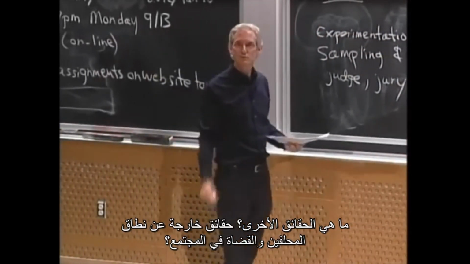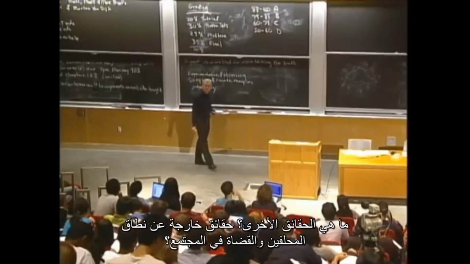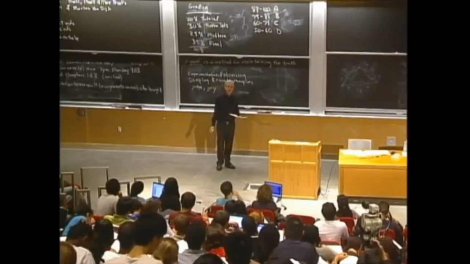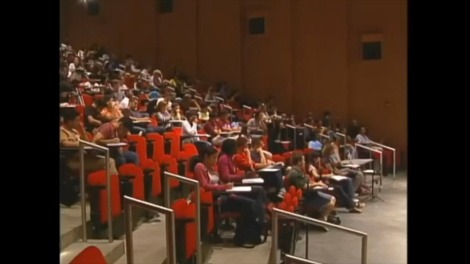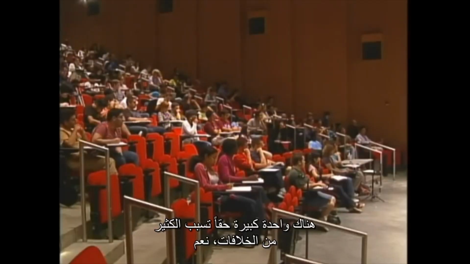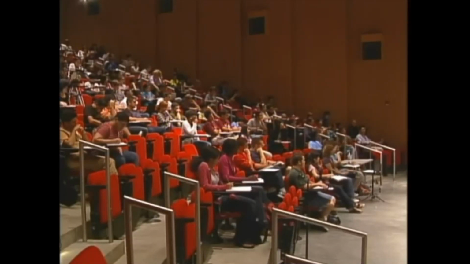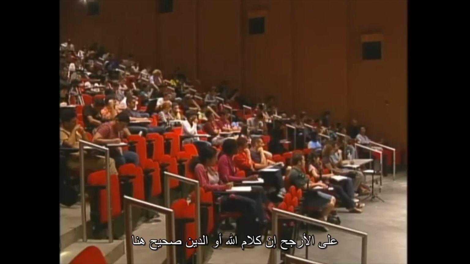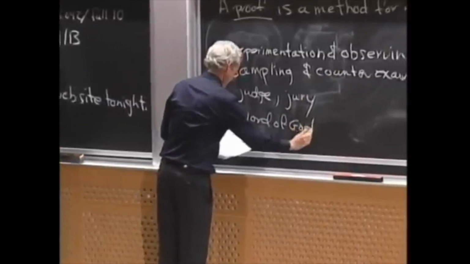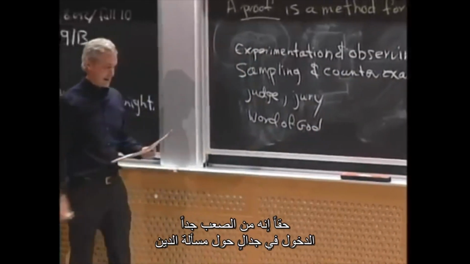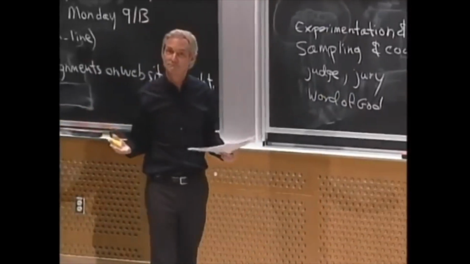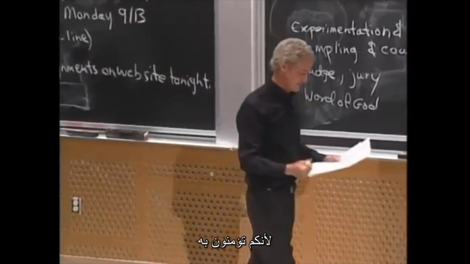What are other truths, bigger truths even, than judges and juries in society? There's one really big one that causes a lot of issues. What is it? Religion, the Word of God, broadly construed here. Now that one's really hard to argue about, because you believe it.